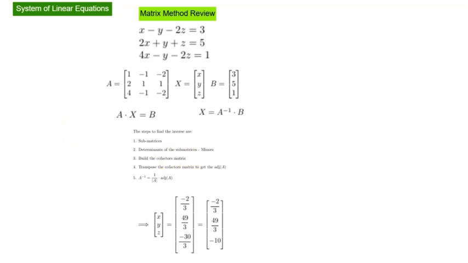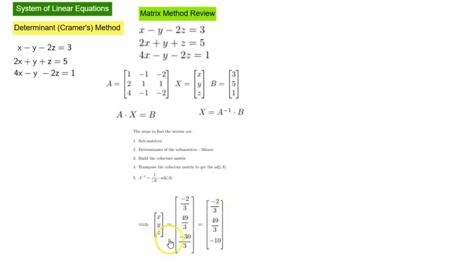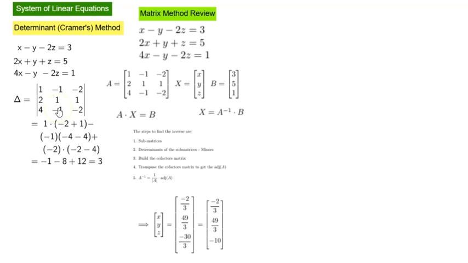Now, let's look at another method of solving such systems called the determinant method or the Cramer's method. So here again, we are going to use the same system, right? Because then we will be able to verify whether we get the same solution. Now, first of all, we evaluate the determinant of the coefficient matrix.